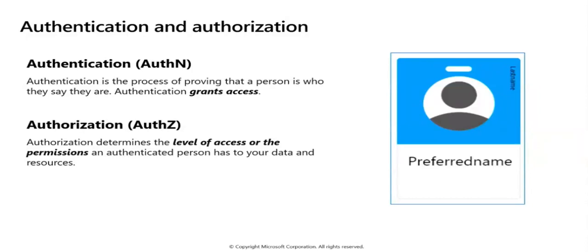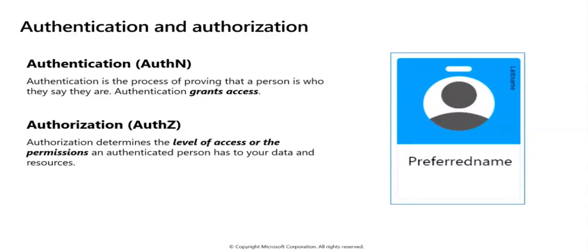Once I log in, I might then be authorized to only look at parts of that database and maybe just be able to read the information on that database and not amend anything at all. So that's where the limitation of my authorization lies.